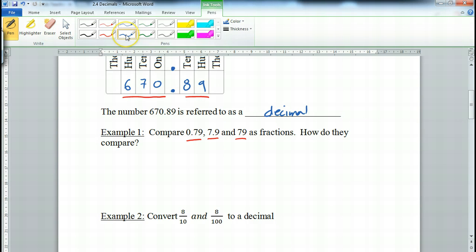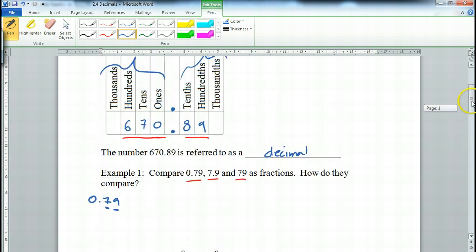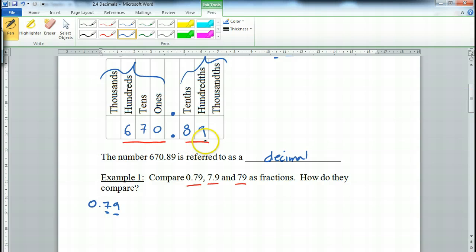In order to turn the 0.79 into a fraction, I first have to look at how many decimal places I have. And I have one decimal here and two decimals. So that's two decimal places. And then if I go up to my place value table, this is the first decimal place here, this is the second decimal, this is the third place.